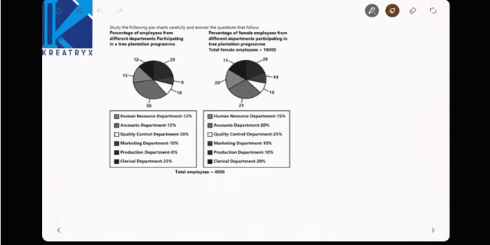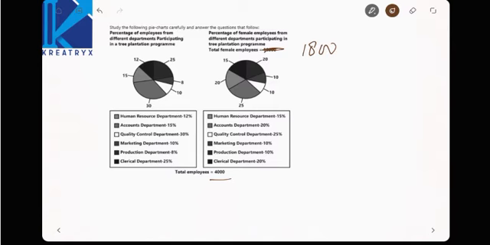So these are the complete employees participating in the tree plantation program from different departments. Percentage of female employees from different departments participating in the tree plantation program. Total female employees is 1800. This is not 18,000. Make it 1800, because see here the total number is 4000. How can female employees be 18,000? It is 1800.